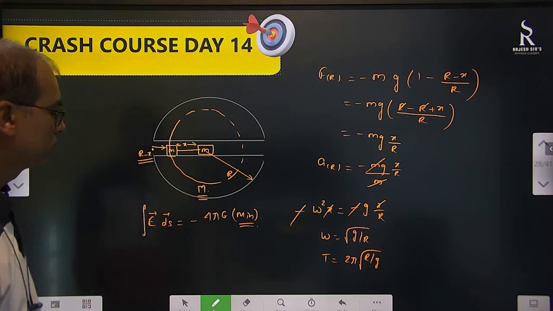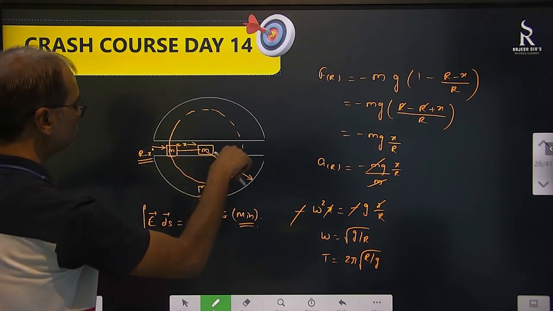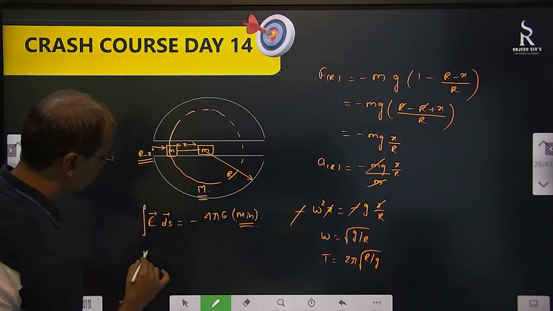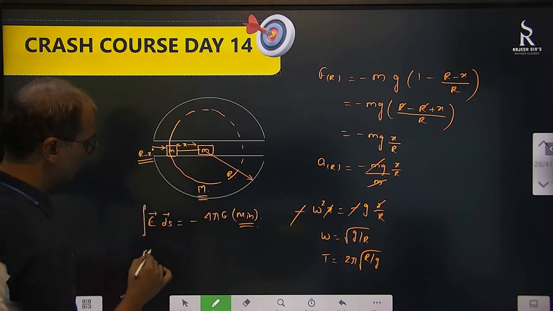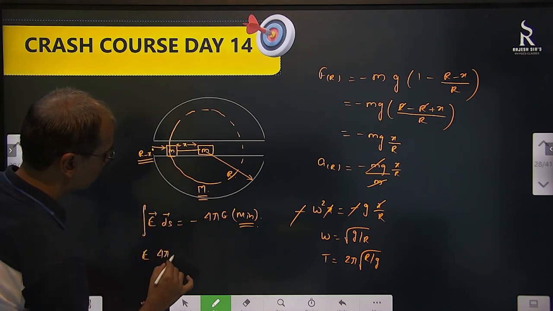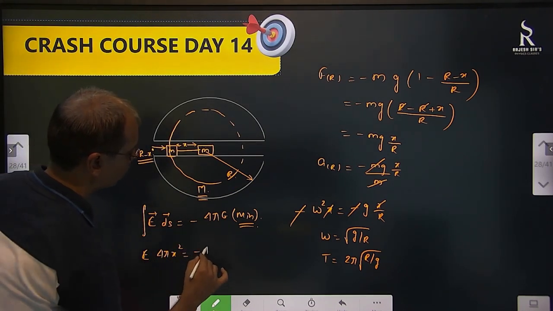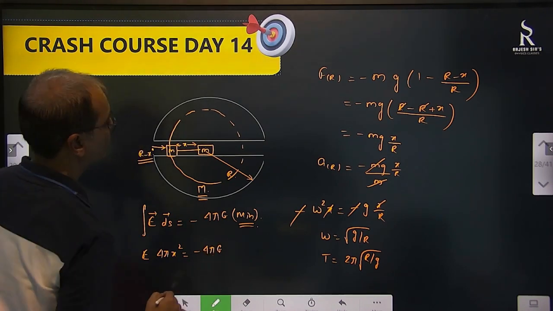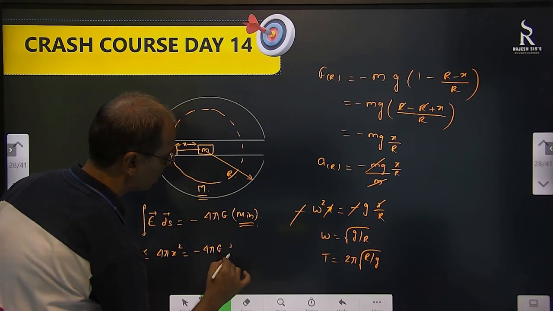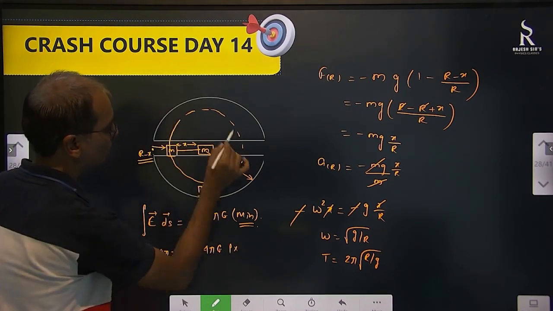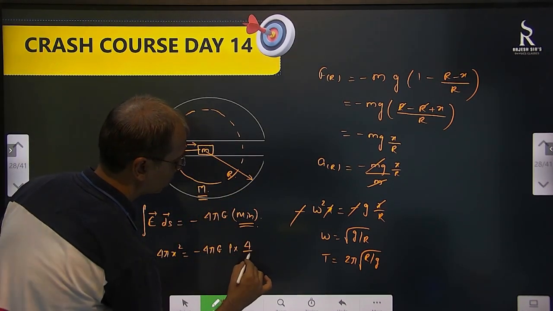So E dot dS, so E into dS means this. What shall I take its radius? x. So 4 pi x square equals minus 4 pi G, mass inside. Mass inside this will be density into volume of this, 4 by 3 pi x cube.